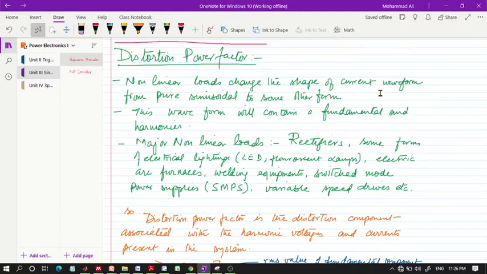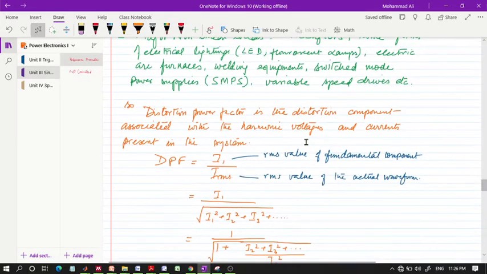So the non-linear loads tend to bring harmonics into the current. Distortion power factor is the distortion component associated with the harmonic voltages and currents present in the system.